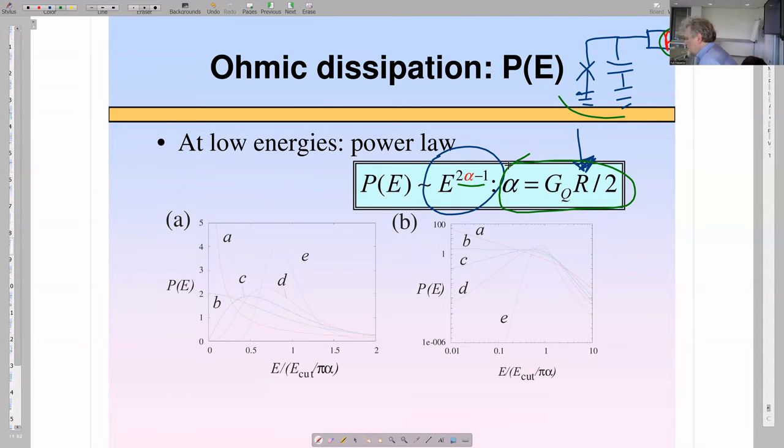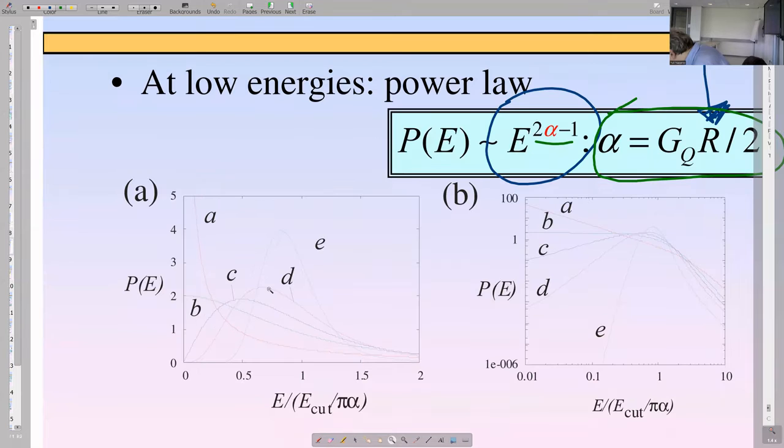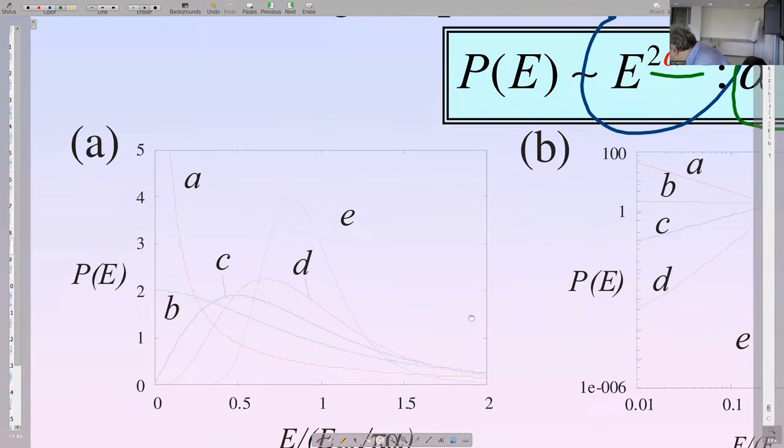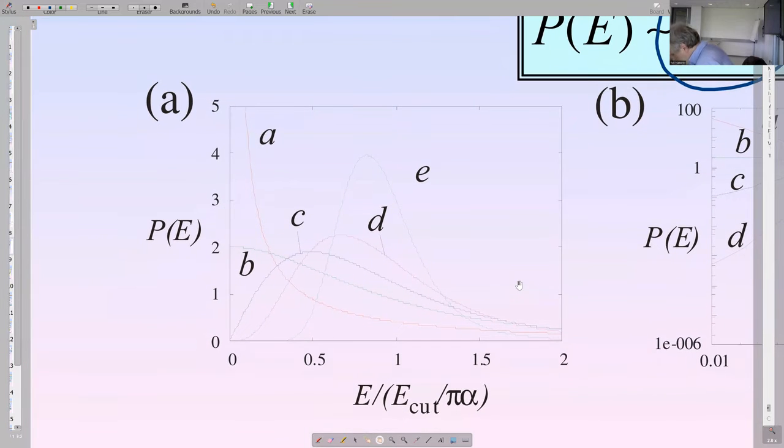Fine. Let us see. Here I have plots for P of I. They're not very visible, so let me zoom in so you can see it better.